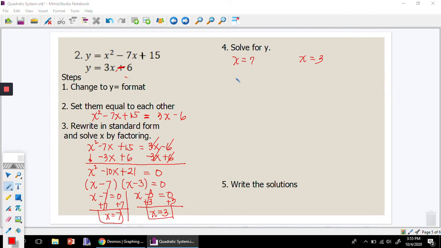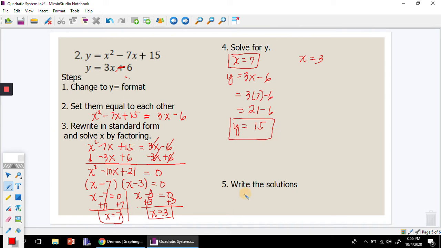Okay, so if y is equal to 3x minus 6 and your x is 7, just simply plug in 7 for x. So 3 times 7 minus 6. This is 21 minus 6. That is 15. Right? So your y is 15. So the solution will be 7, 15.